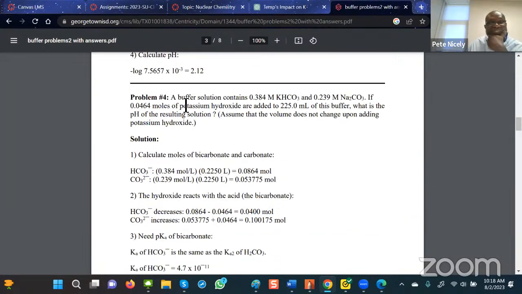Okay, this is a buffer. Let me see here. A buffer solution contains this and this. If 0.0464 moles of potassium hydroxide are added to this amount of buffer. What is it? Okay, let's do this one here.